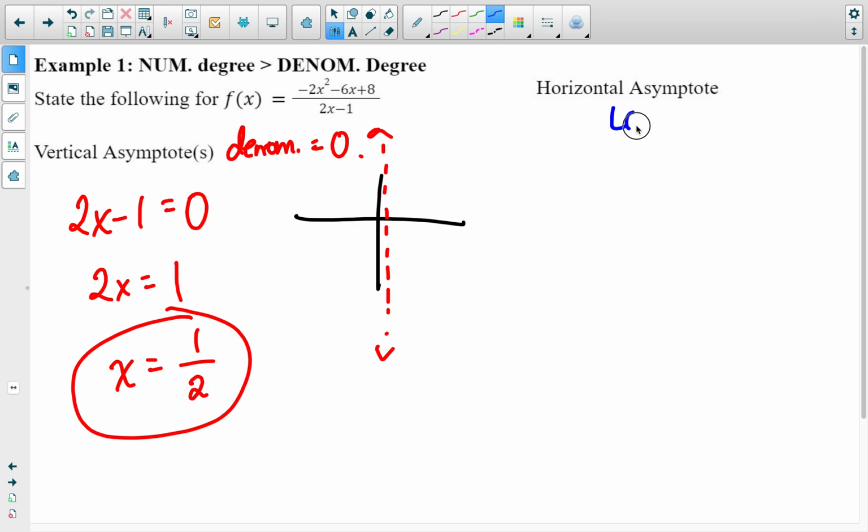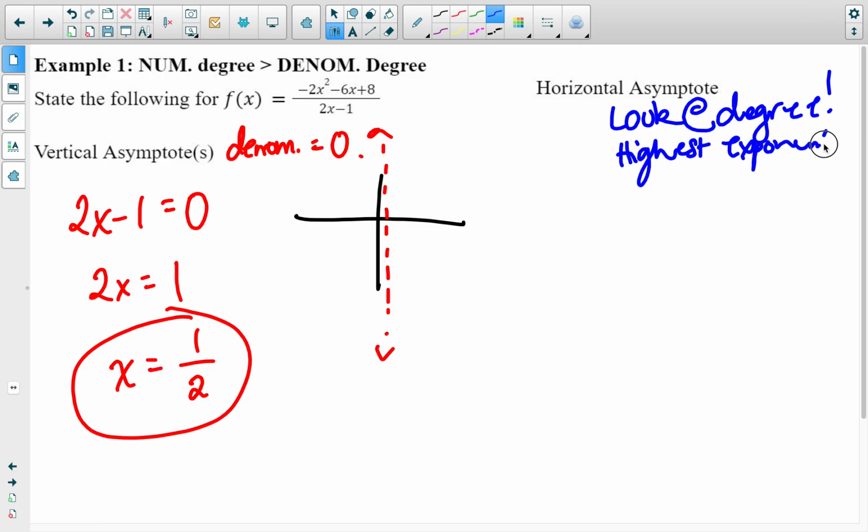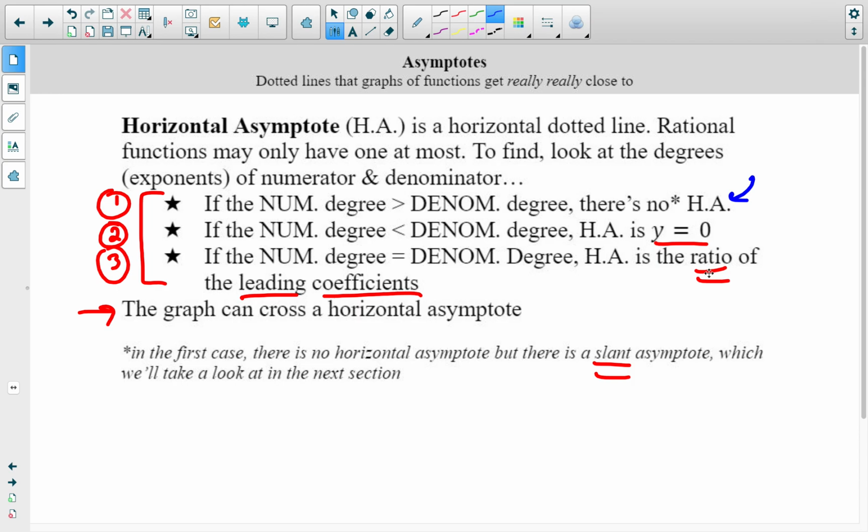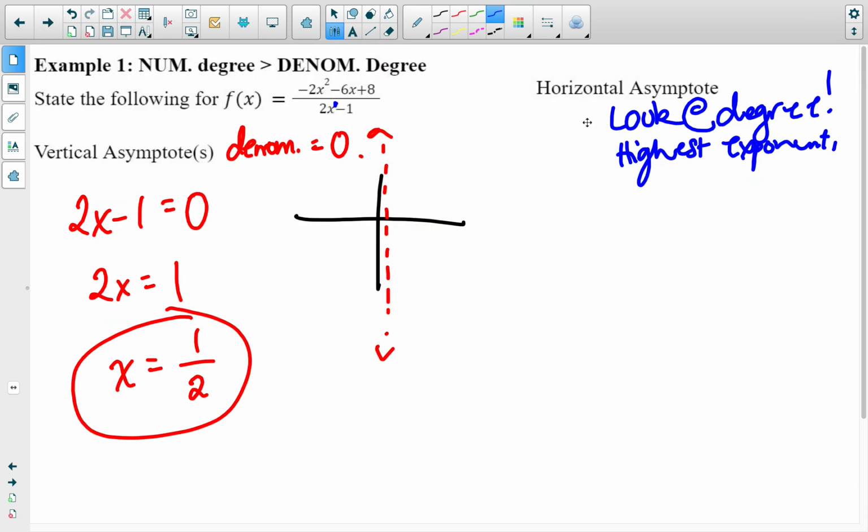Horizontal asymptote: look at the degree and then follow your exponent rules. When I say degree, I mean the highest exponent in the numerator and the denominator. This is x squared. This is x to the first. So here we have a case where the numerator's degree is greater than the denominator's degree. So this is like case number 1. There's no horizontal asymptote, none.